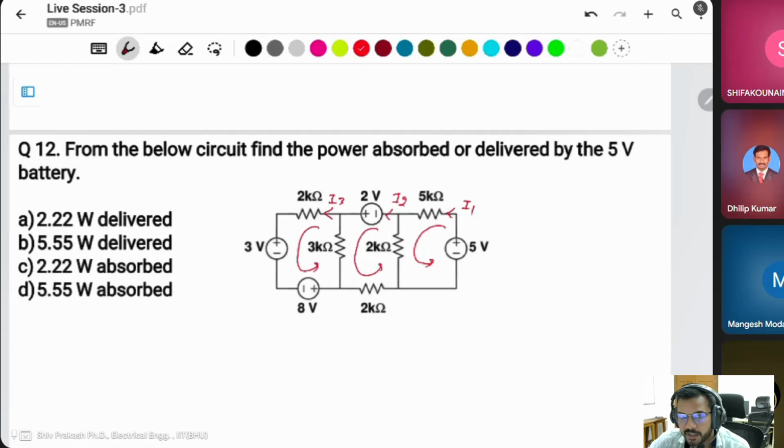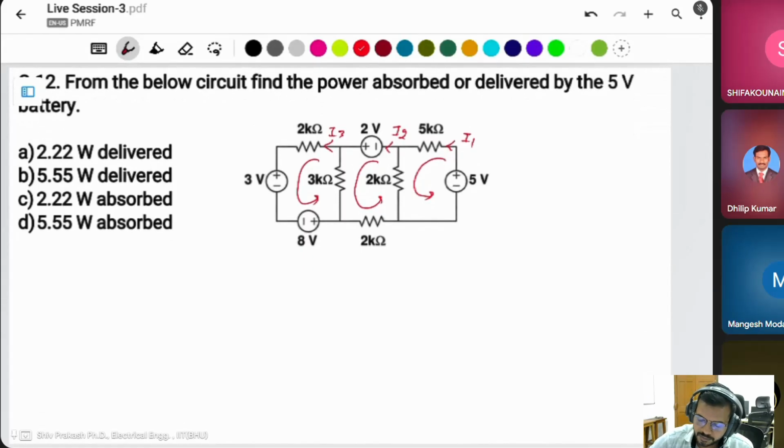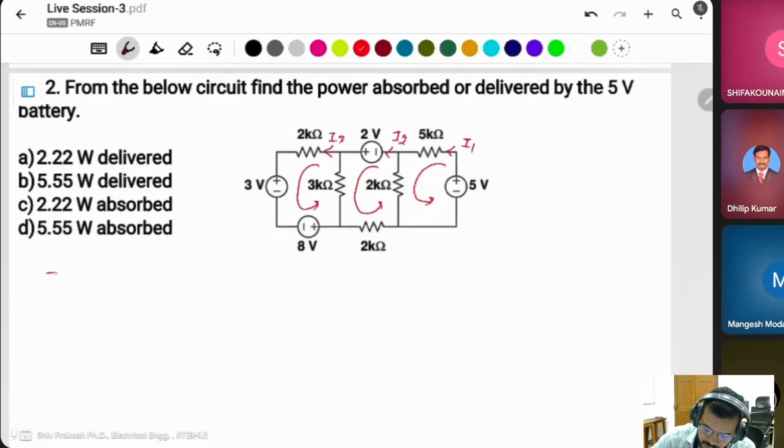Apply the 3 KVL equations and solve, then we will get the final answer. Loop 1, loop 2, loop 3.